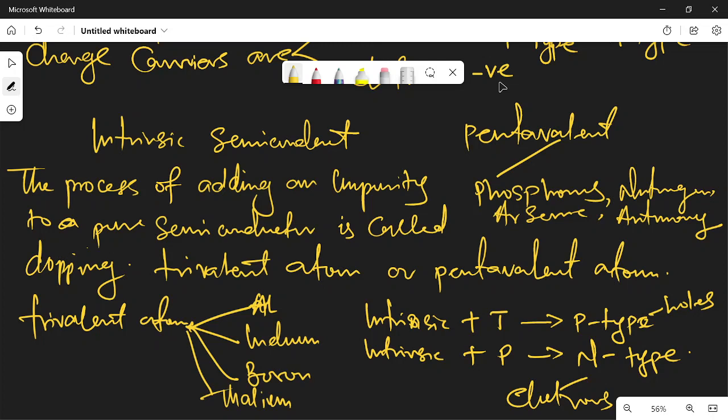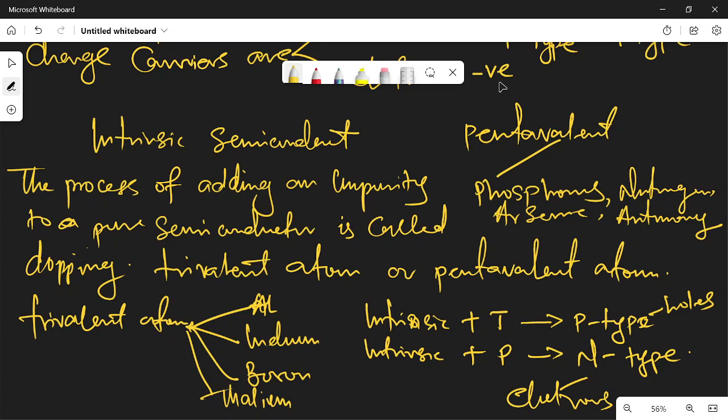And we said the process of adding an impurity to a pure semiconductor is called doping. What we call dopants, that is, the atoms that we use to dope a pure semiconductor, are two, remember: the trivalent atom and the pentavalent atom. Trivalent atoms are the group 3 elements, and pentavalent atoms are the group 5 elements.